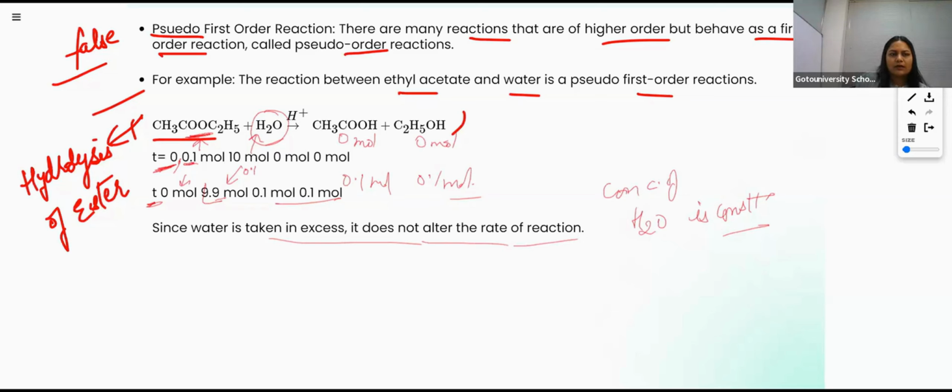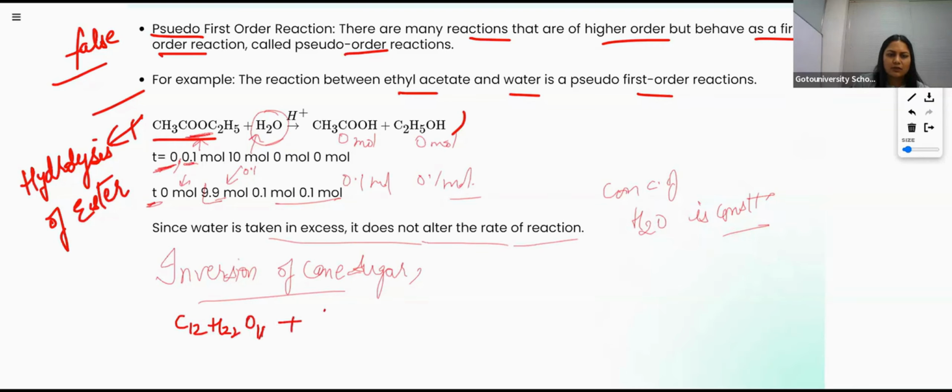Another example of a pseudo first order reaction is the inversion of cane sugar. What is the reaction for the inversion of cane sugar? C12H22O11 is the formula for cane sugar.